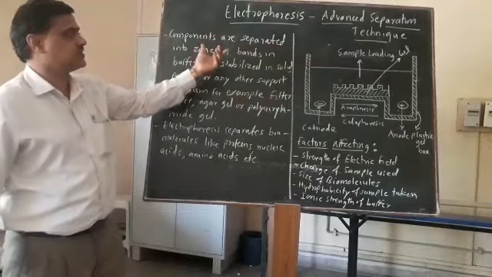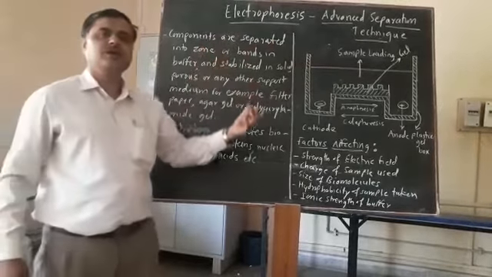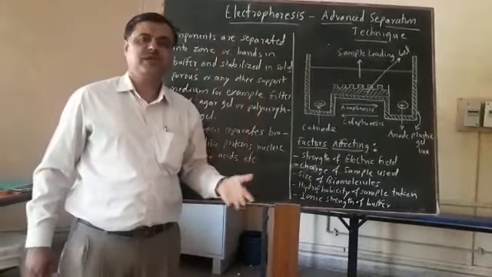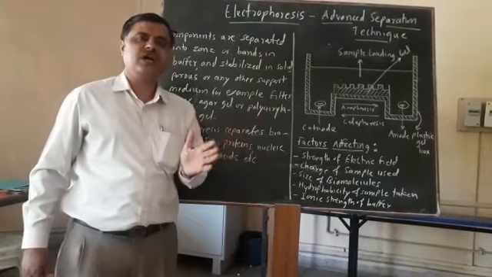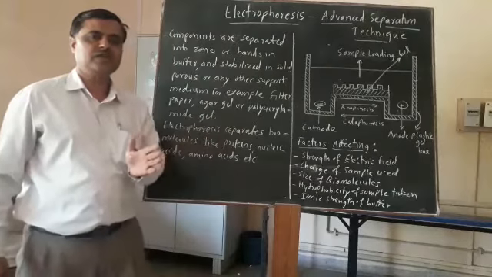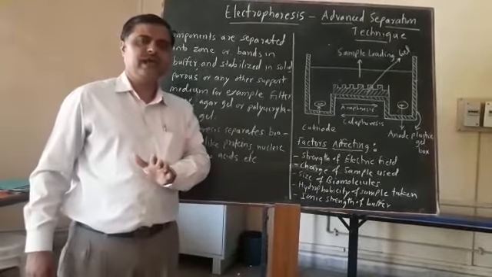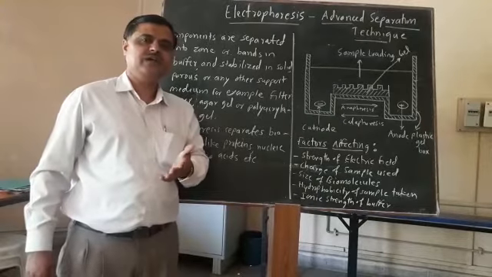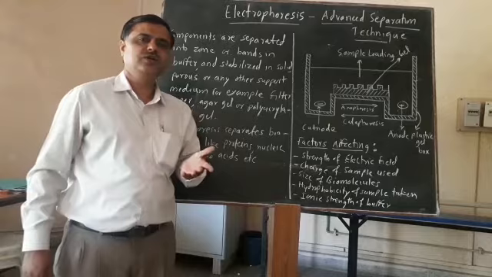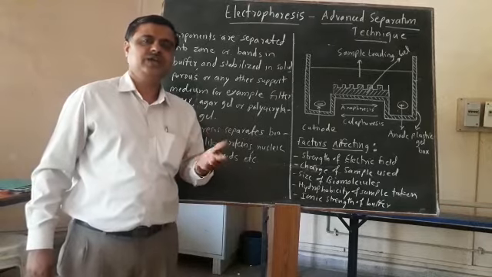Electrophoresis is nothing but, under the influence of an electric field, positively charged particles are transferred to the negatively charged electrode and negatively charged particles are transferred to the positively charged electrode.